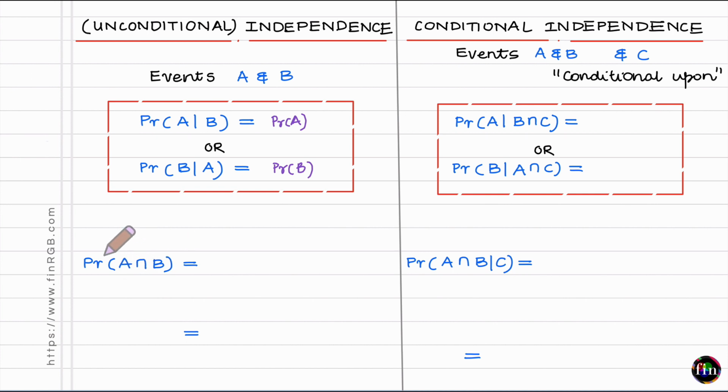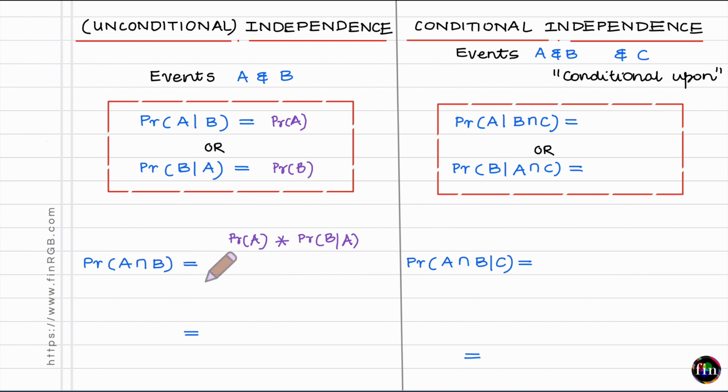So the joint probability of A and B, written as probability of A intersection B, in general can be written as the probability of A times the probability of B given A. That's one way of writing down the probability of A and B. Please note that this way of writing down this joint probability does not in any way depend on the dependence versus independence of events A and B. This thing holds in general.